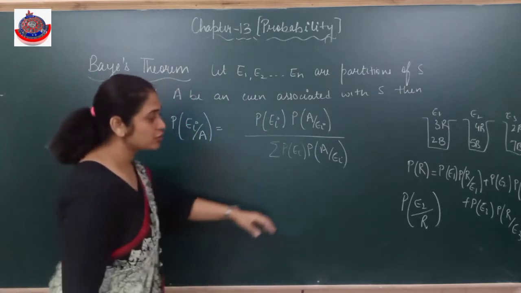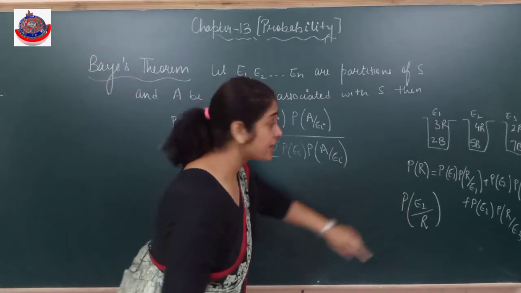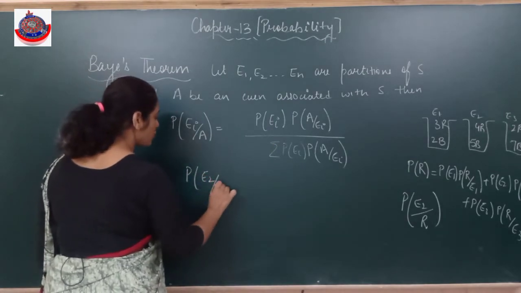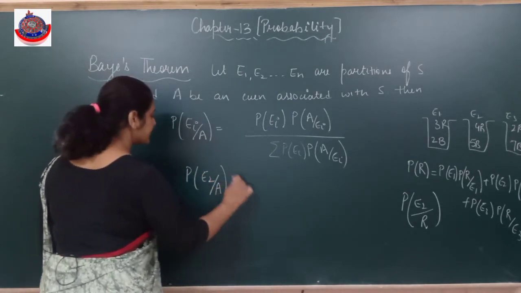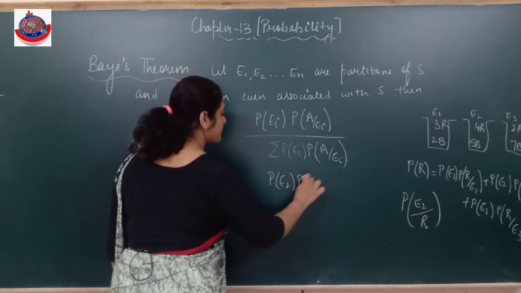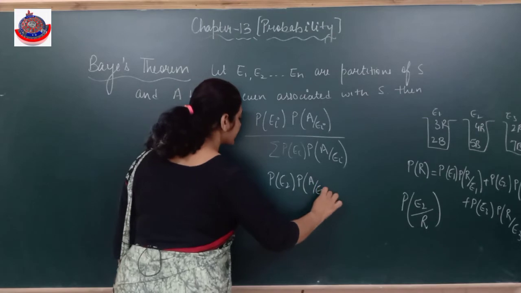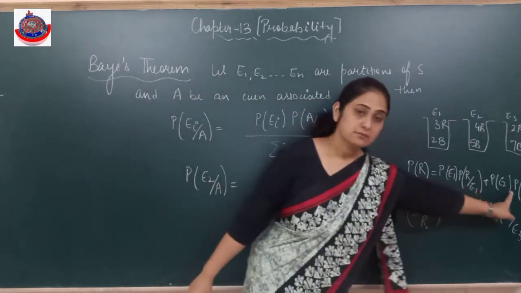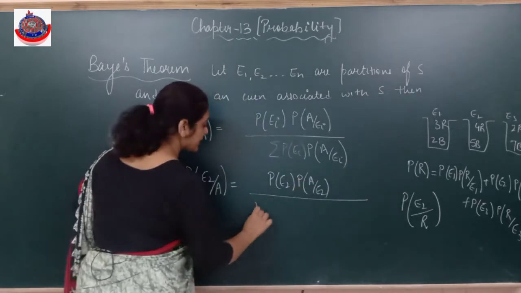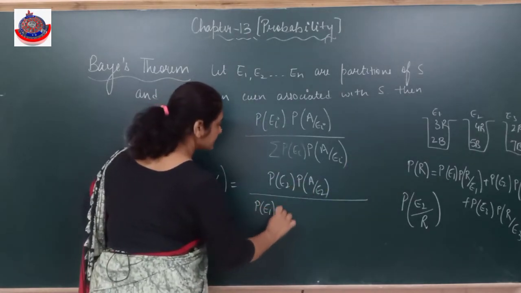I have to find out the probability of bag 2 when the red ball is selected. That is, I'll explain it by this. Bag 2, when the red ball has been selected, it is simple. Bag 2 वाला जो portion है वो ऊपर लिखना है, divided by जो सारा निकाला है A की probability.